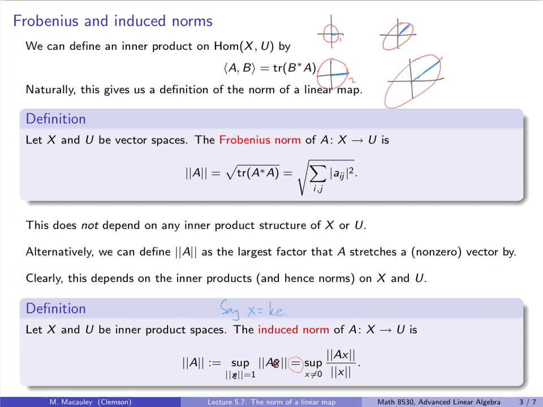Then let's compare the top and the bottom here. The top, the norm of AX, is the norm of AKE, which is the absolute value of K times the norm of AE.